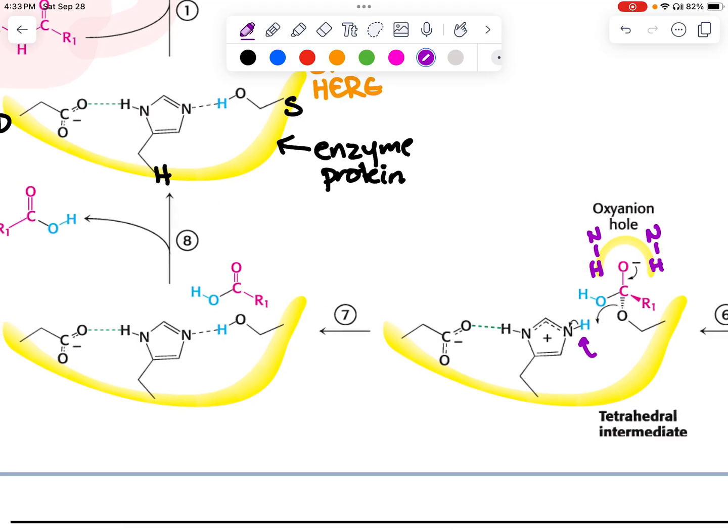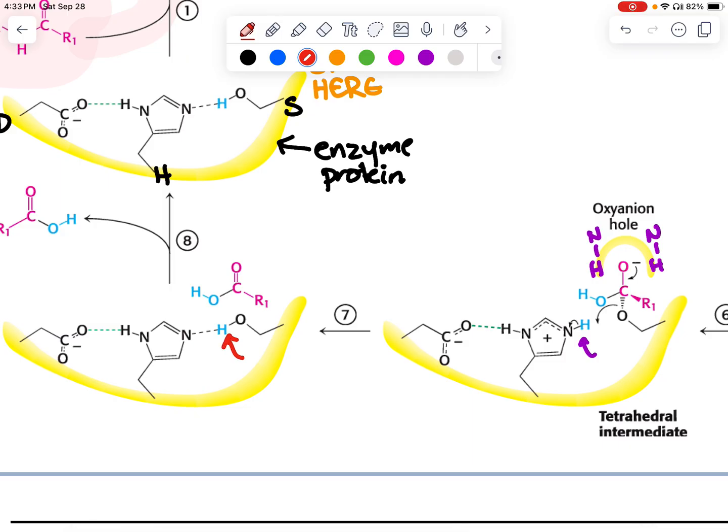Okay. From here, we see that the hydrogen from the histidine is given to the oxygen from the serine. So the black oxygen there is the original oxygen from the serine hydroxyl group.